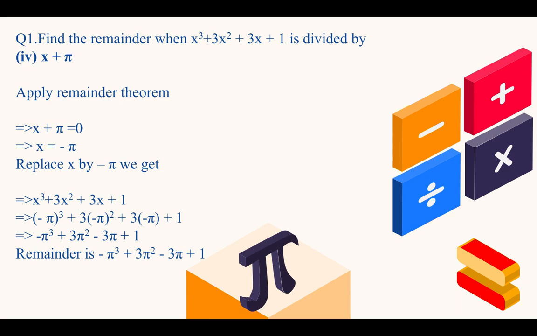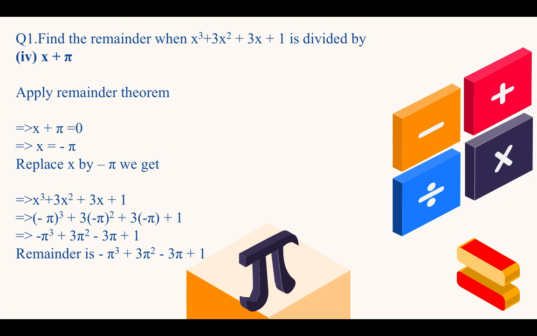So minus pi cube stays minus pi cube, because minus into minus will give you minus only, and pi raised to the power 3 will be pi cube. Plus minus pi square means minus pi multiplied by minus pi, so minus and minus sign becomes plus.